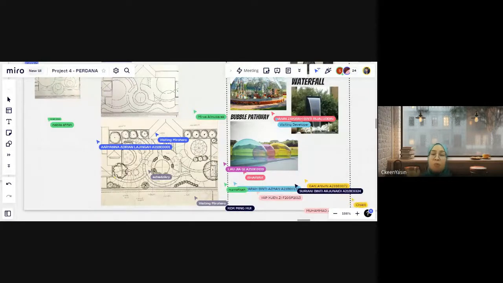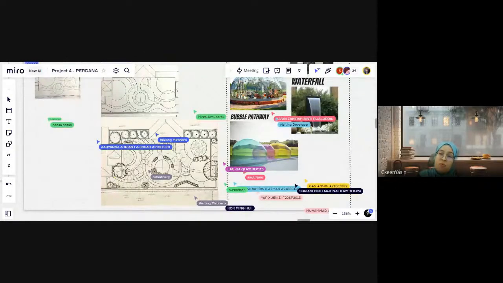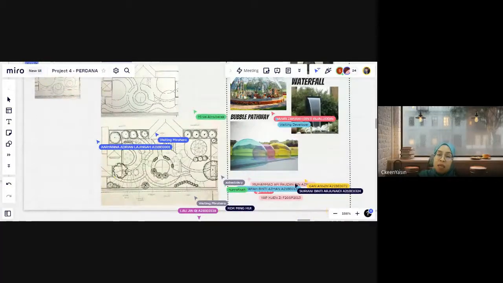No, we have to respond to our climate as well. But if this thing is in the overseas it is okay because this is where you get the heat, kan. Tempat panas.